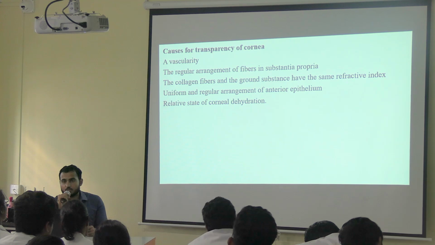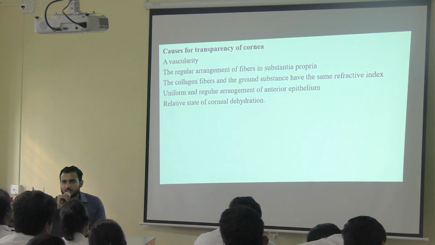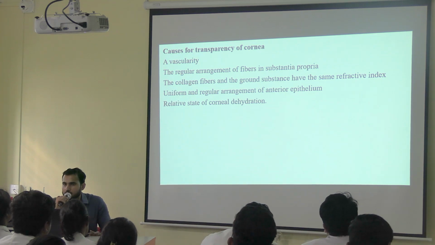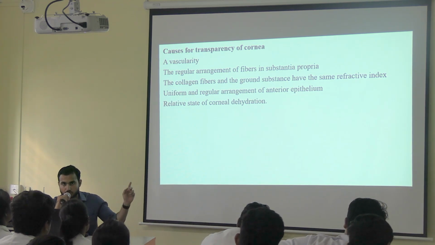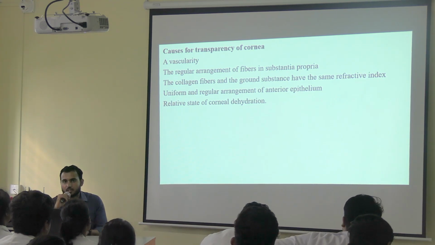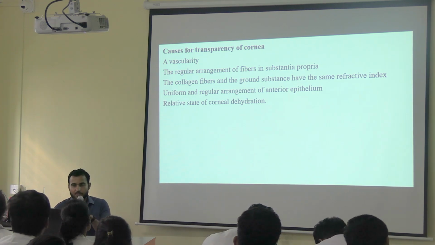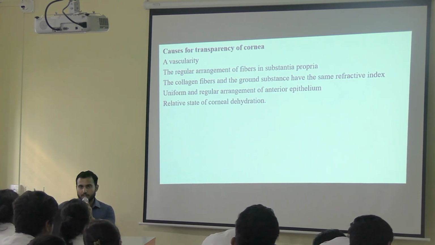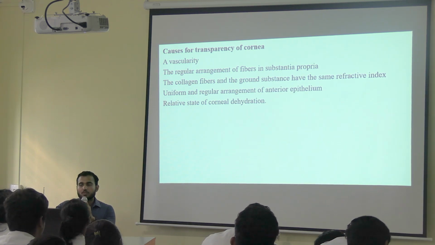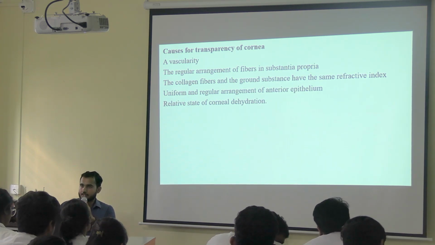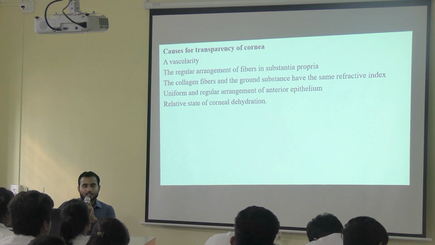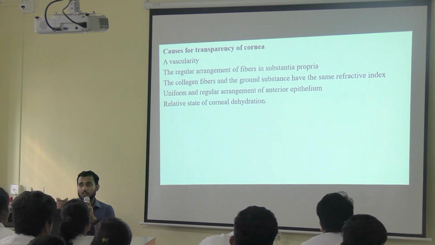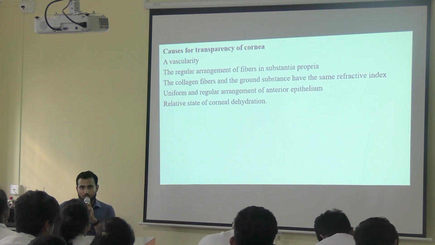Now, if anyone asks you what is the reason behind the transparency of the cornea, these are the reasons. First of all, it is not vascular, so blood vessels are not there. Then the regular arrangement of the collagen fibers. Along with that, the refractive index of the collagen fibers and the ground substance are the same, which you can see in hyaline cartilage, if you remember.